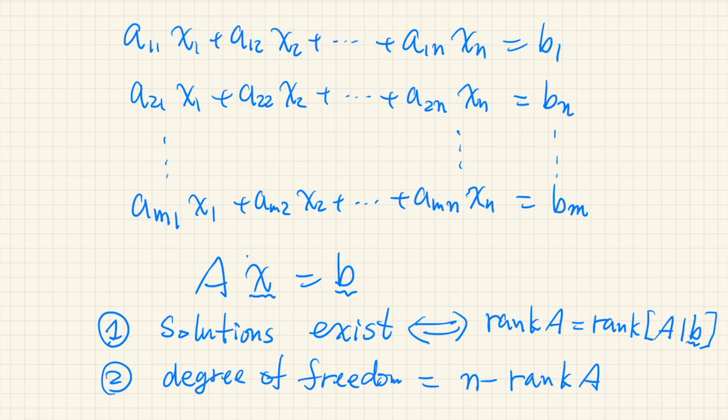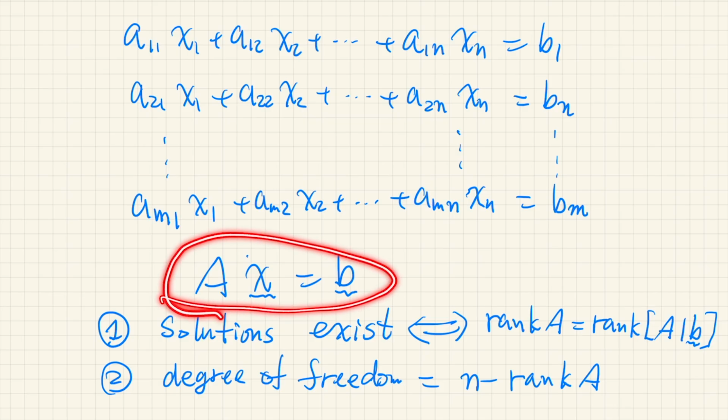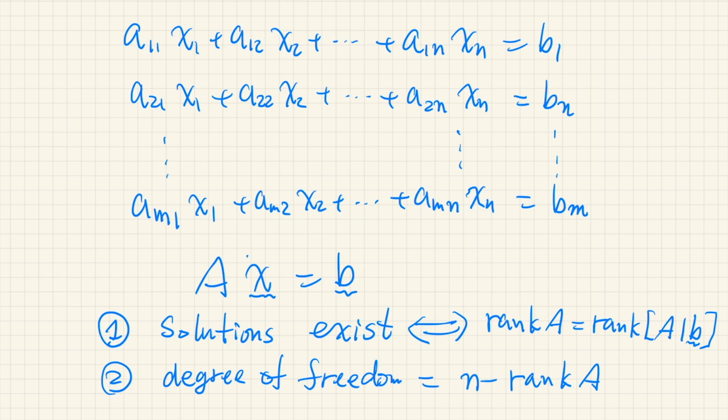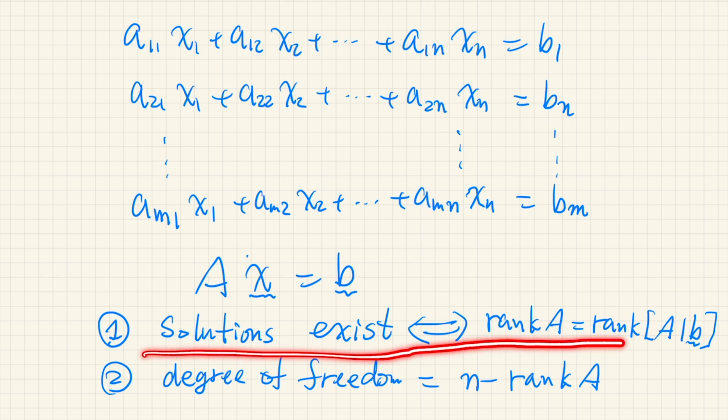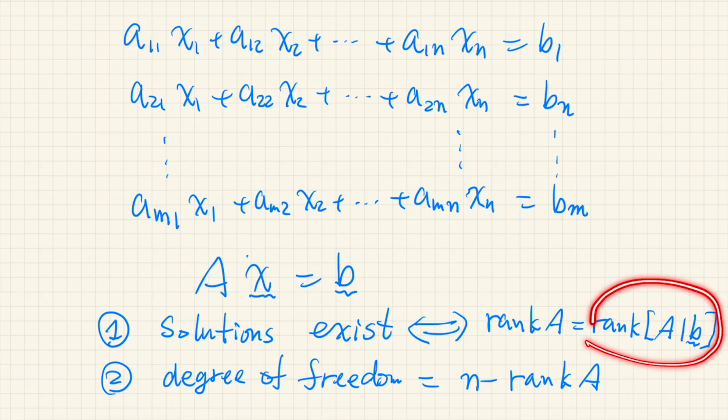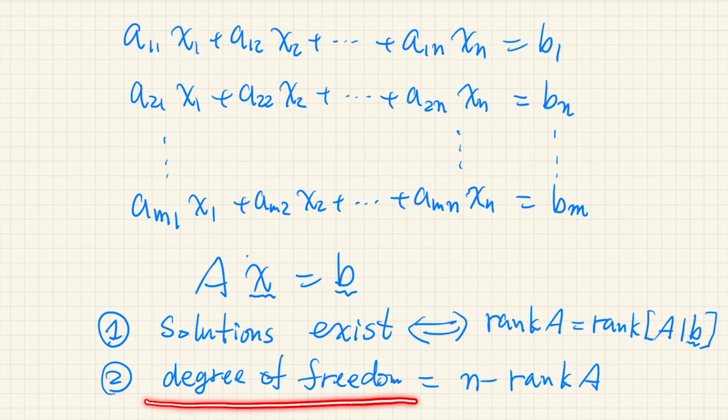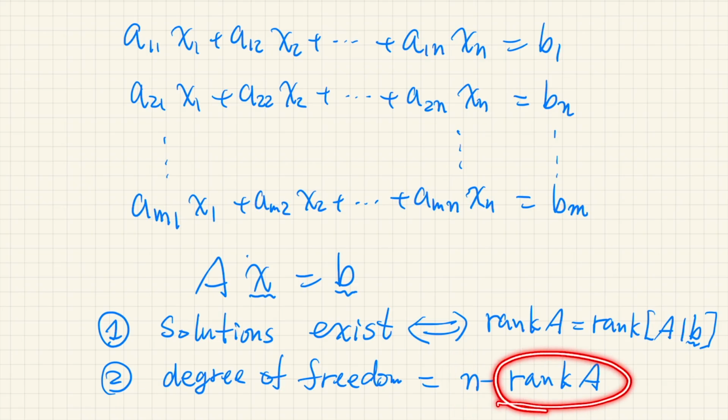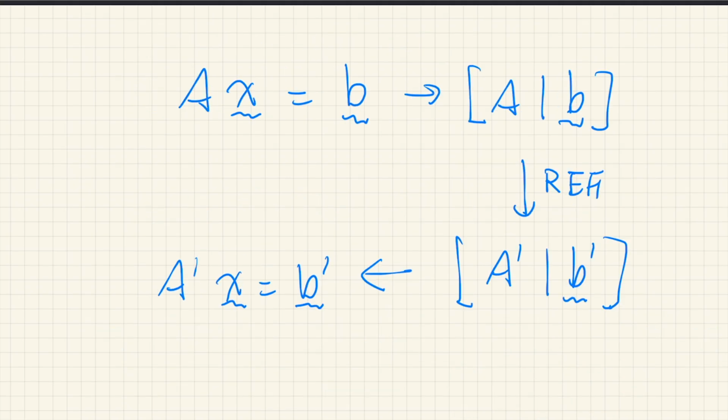Now let us prove this theorem. Given a set of simultaneous linear equations, solutions exist if and only if the rank of the coefficient matrix is equal to the rank of the augmented coefficient matrix. And if the solutions exist, then the degree of freedom of the solution is given by the difference between the number of unknown variables and the rank of the coefficient matrix. First, let us note the following fact.